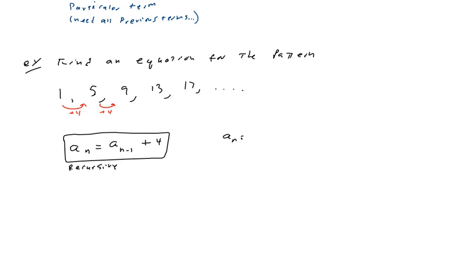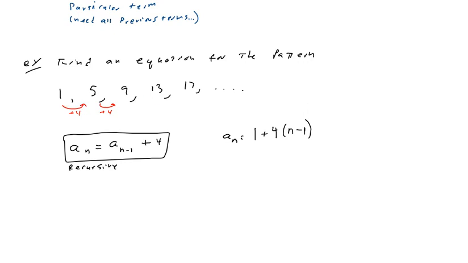The explicit equation of this is a little more challenging. Anybody think they want to know this one? It's going to be 1 plus, I'm adding 4. How many times do I add 4? N minus 1 times. Ooh, this is a weird formula.